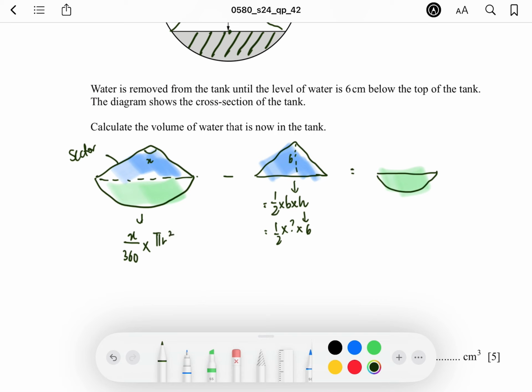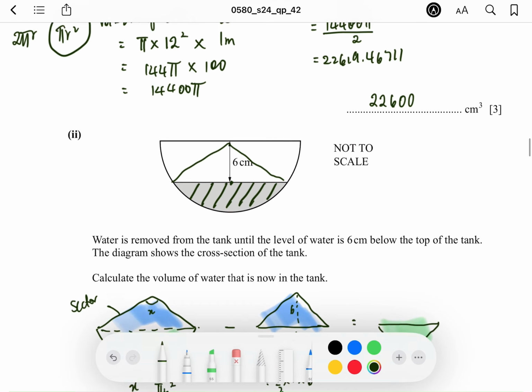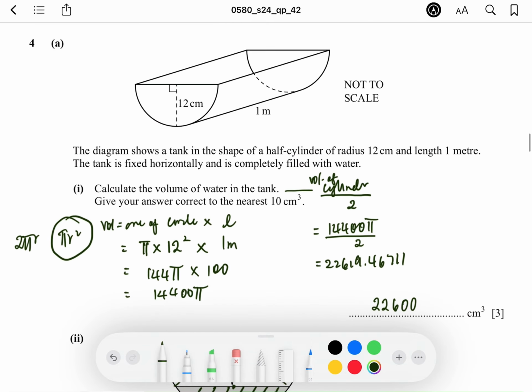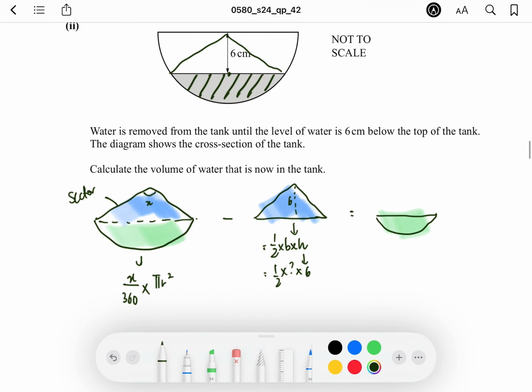Do we know x? No. Do we know r? Yes, r is 12. Because the radius here, here and here are all the same.